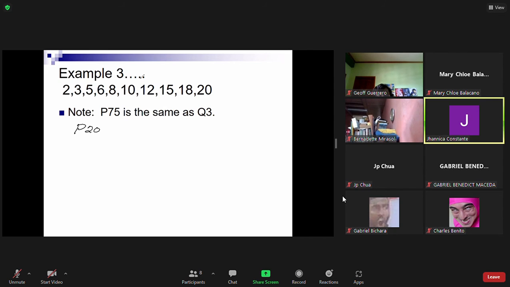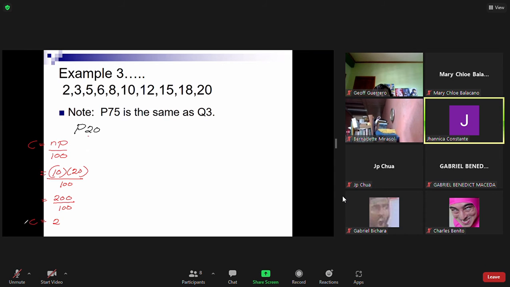Since we're going to solve for the 20th percentile, we need to locate what position this 20th percentile is located. So C is equal to NP divided by 100. So 10 times 20 divided by 100, which is equal to 200 over 100. So the location of the position of the percentile is 2.